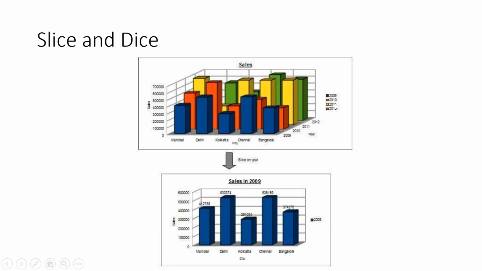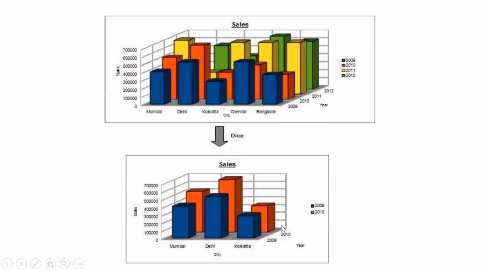If I choose year equal to 2009, I can see the data only for 2009. The y-axis data is not represented because it's only 1 year. So we are slicing the visualization from this stage to this stage. I'm slicing based on year. It's called slice. Okay.